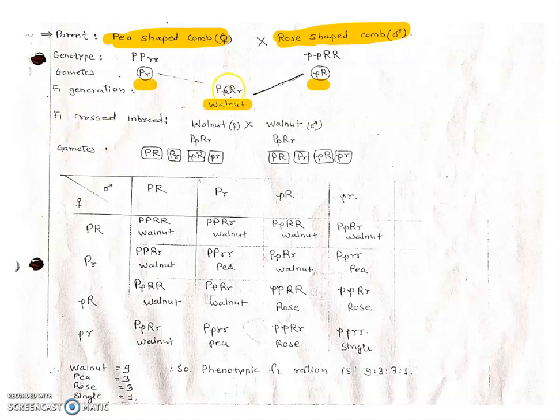If F1 is crossed, meaning a male crossed with a female in the same F1 generation, it is called an F1 cross. Here one is female, another is male, fowl meaning bird. These are their genotypes, and they produce four types of gametes.